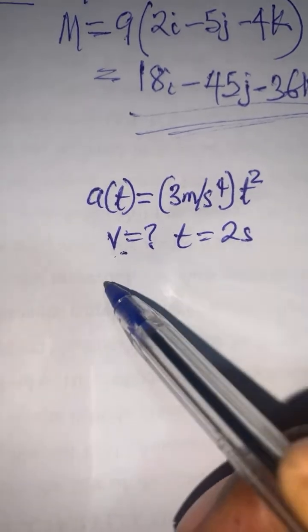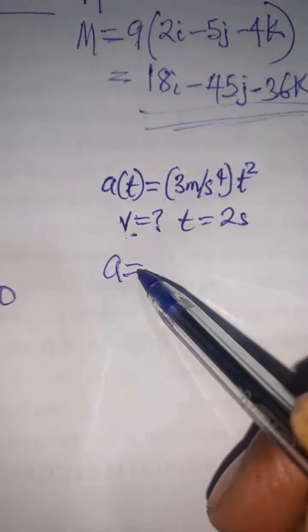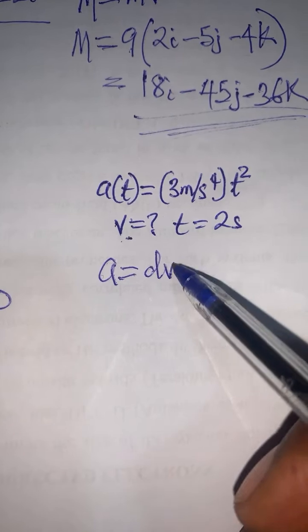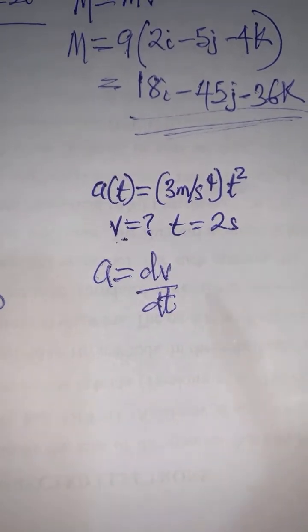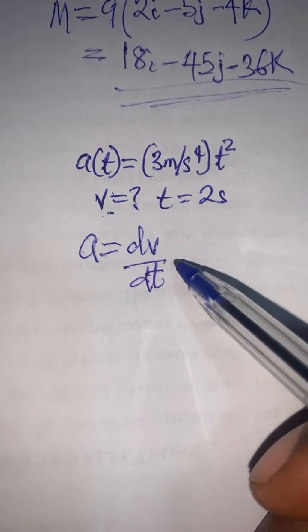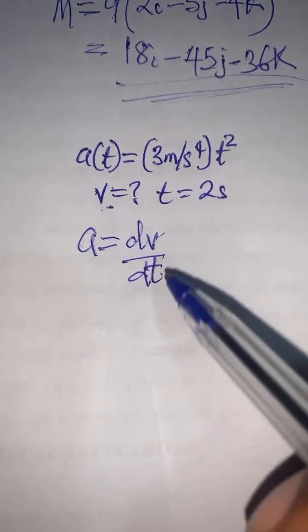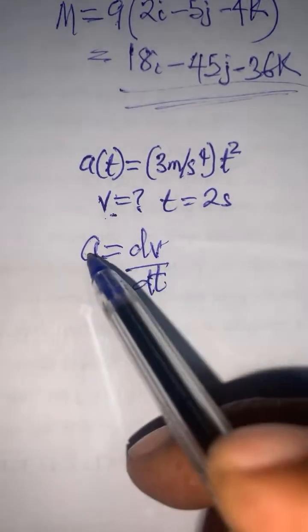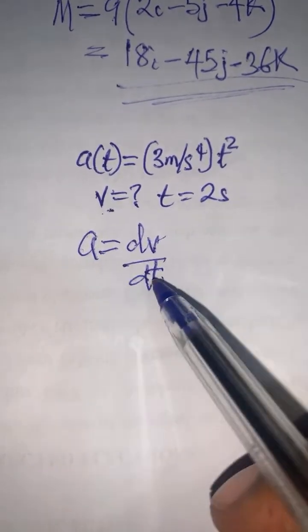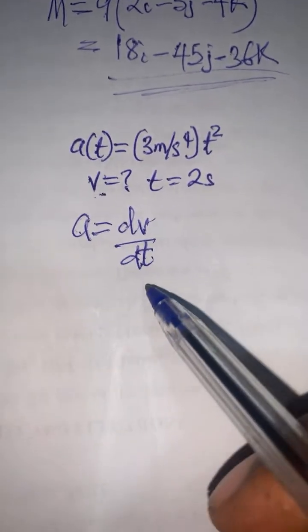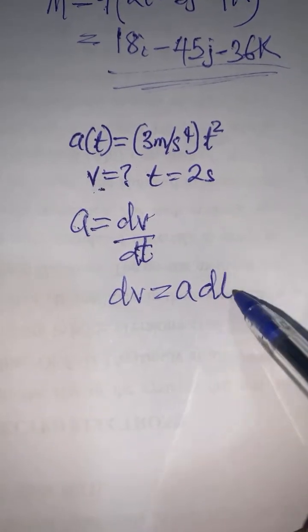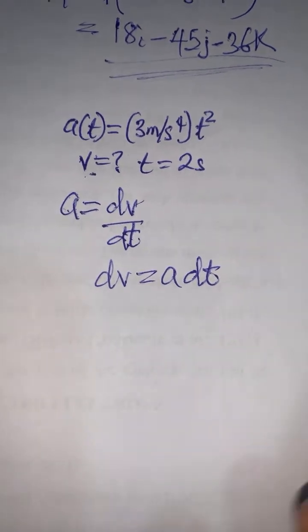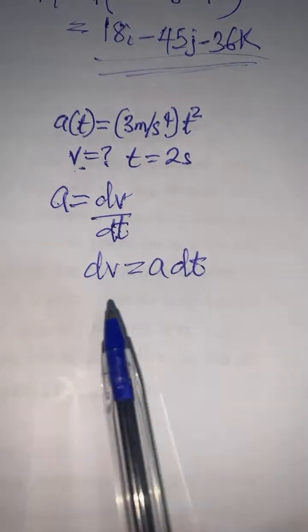We know from the definition that acceleration is equal to the change in velocity with respect to time, a = dv/dt. Since we need to find the velocity, we cross multiply the dt and the a. So we now have dv = a dt.